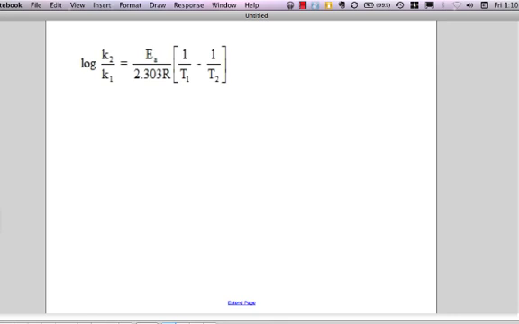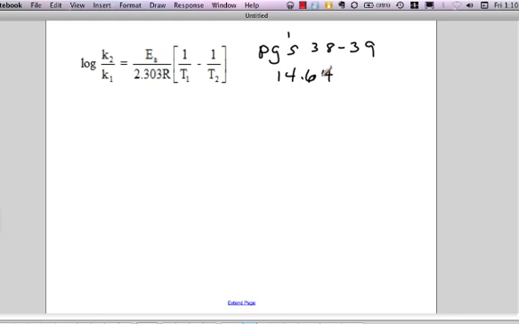So you've got one in your notes on pages 38 and 39. You've got a problem using this equation worked out for you. I am going to do problem number 1464 from the textbook, which uses this same equation.